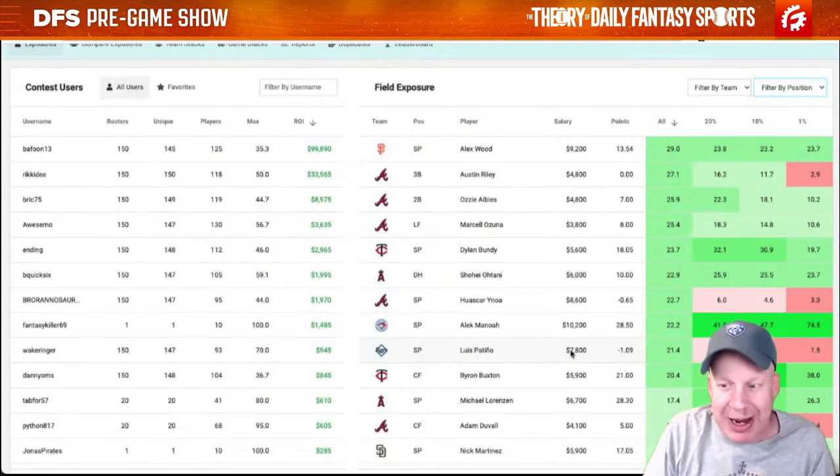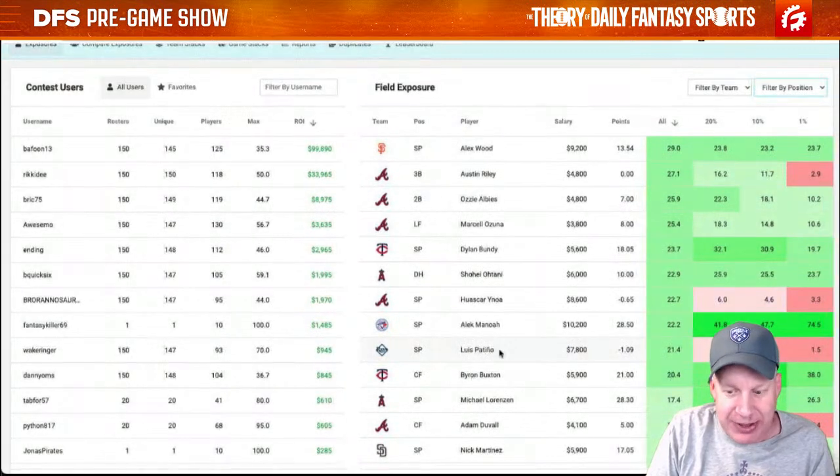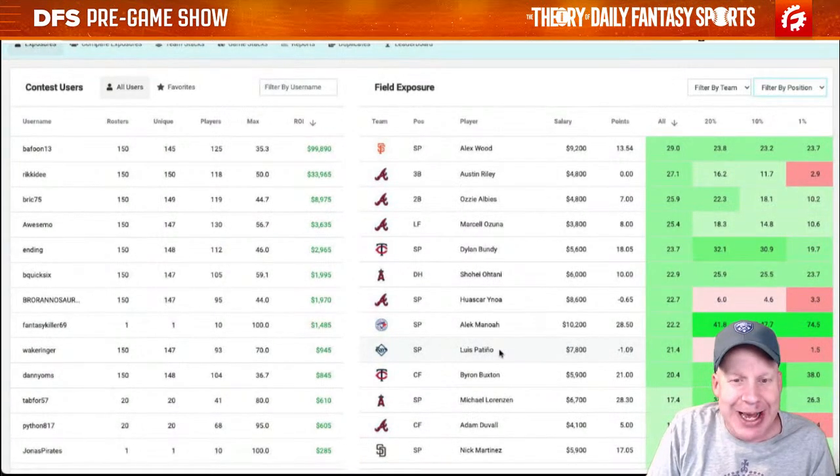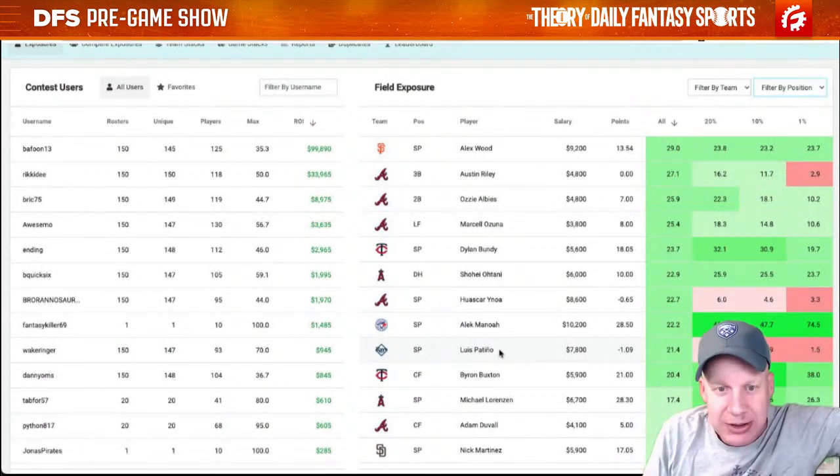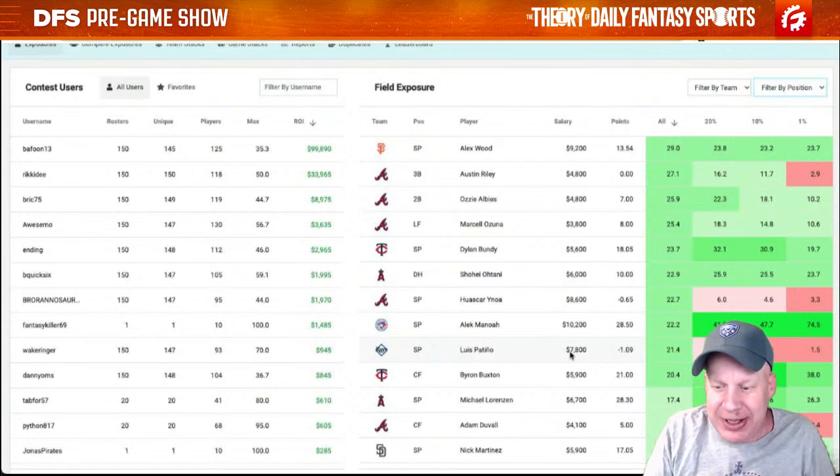Maybe Alex Wood also. You're going to play a guy capped at like 60 to 65 pitches, but it's against the A's and they're horrible. It doesn't matter. I care about ceiling. That's why, to me, Luis Patino was a non-starter yesterday.